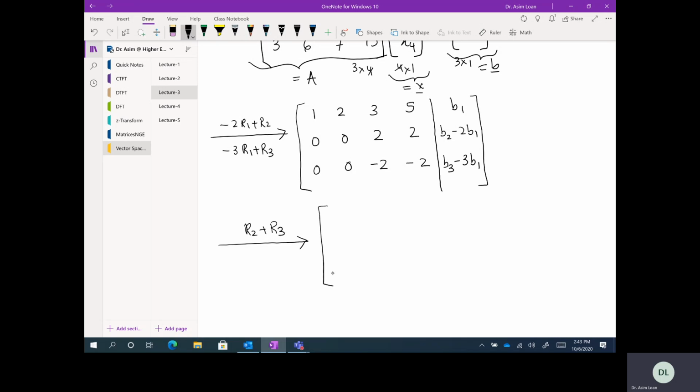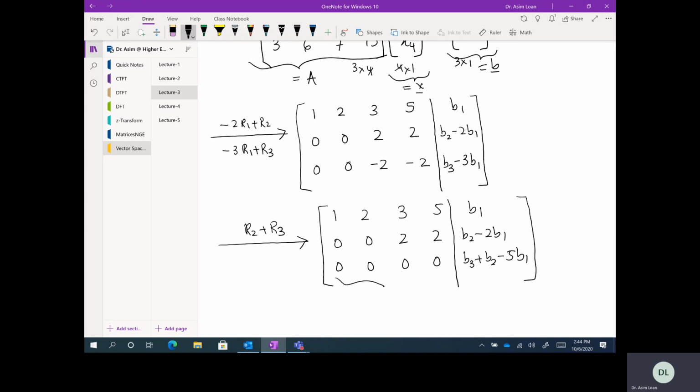If I do that, I have 1, 2, 3, 5, b1, 0, 0, 2, 2, 0, 0, 0, 0. This is b2 minus 2b1, b3 plus b2 minus 5b1. And this is my U.